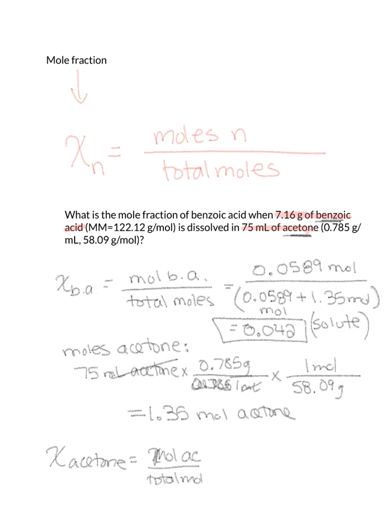I could do that calculation again. Or I could just say that the benzoic acid plus the acetone has to equal 1. Why? Because it's 100%. That's all there is. So I could just do 1 minus chi benzoic acid. That's because this has two components in the solution, of course. Right? So I would find out that this is basically a solution that's 96% acetone.